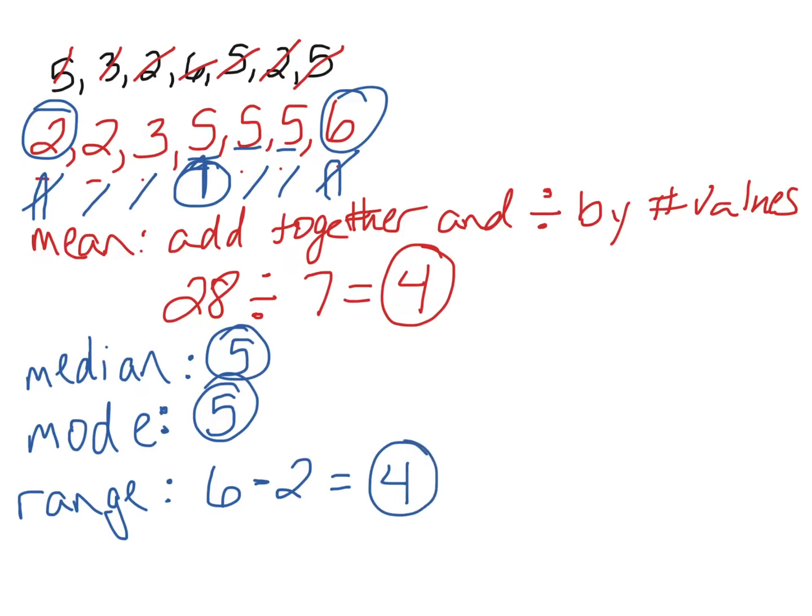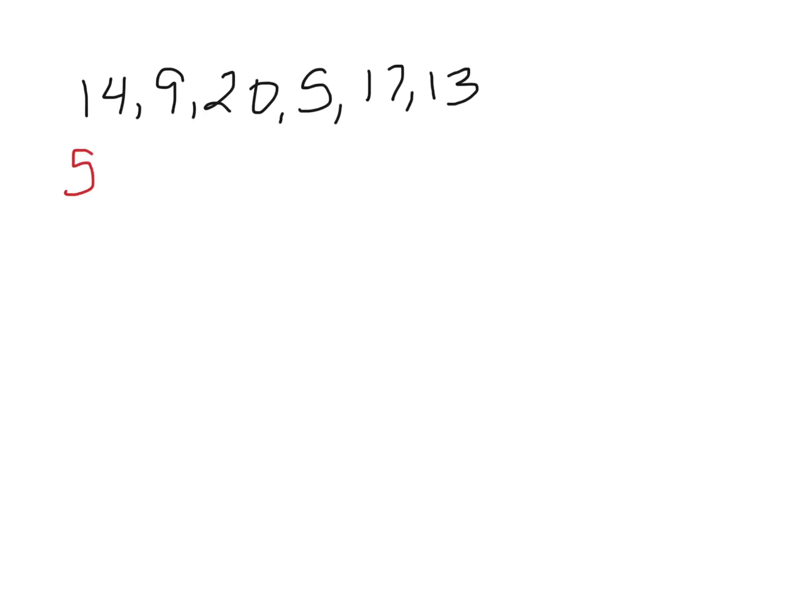So then I want to do another set of numbers just to show you some things that might happen. So I've got 14, 9, 20, 5, 17, and 13. Okay, so let's go ahead and put these numbers in order from smallest to biggest. 5 is our smallest number, cross that off.